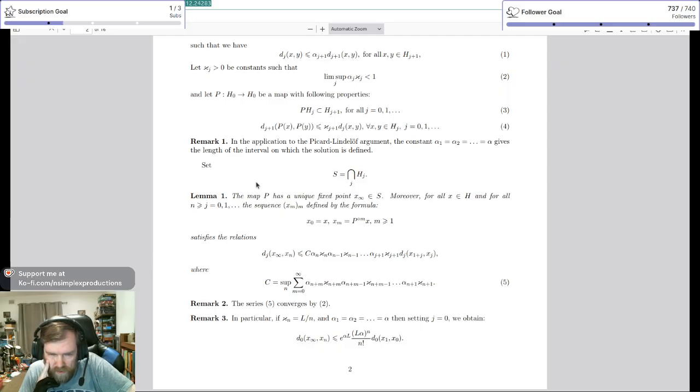Right. d sub j of x sub infinity, x sub n is less than or equal to c. In this case, I think that's still a mapping. No, it is actually just a multiplication. All right.